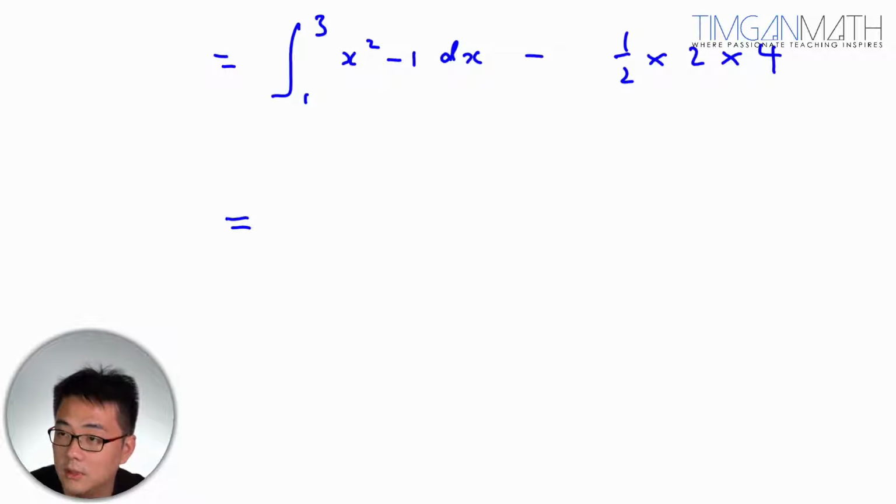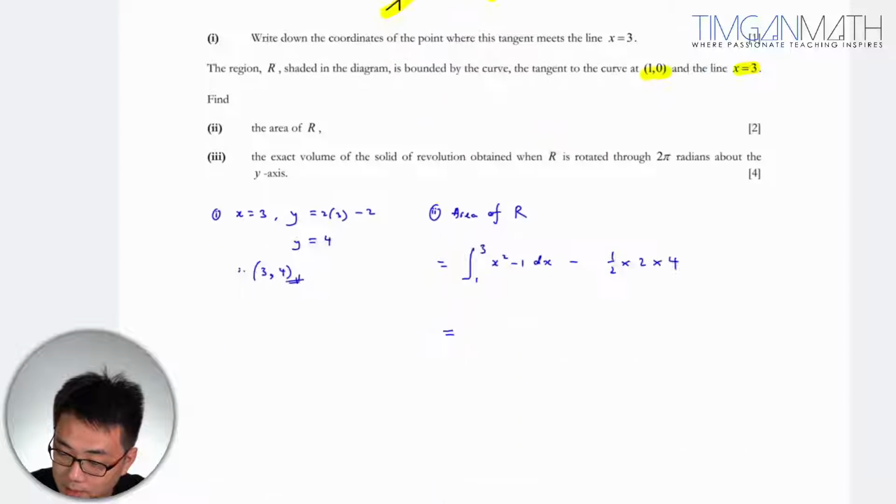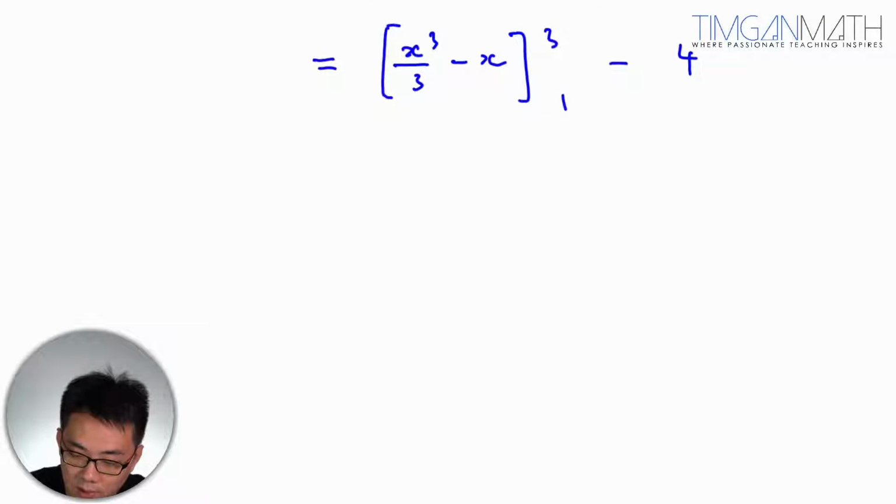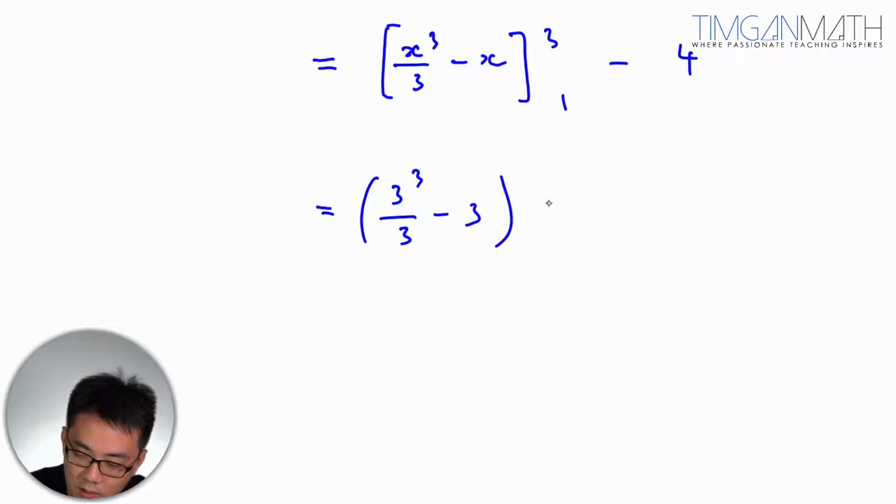Once integrated, we'll get x cubed over 3 minus x, from 1 to 3, minus 4. What we get is 3 cubed over 3 minus 3, minus 1/3 minus 1, minus 4.